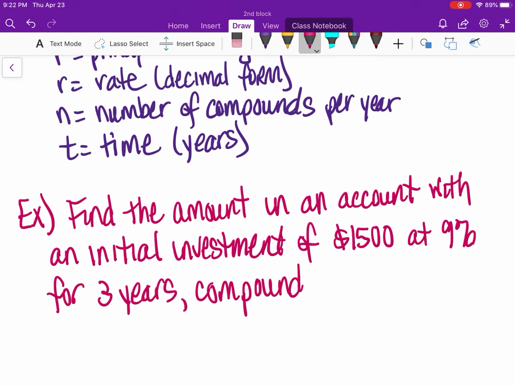And we're going to say this is compounded quarterly. That's a terrible percent sign. Let me fix that.